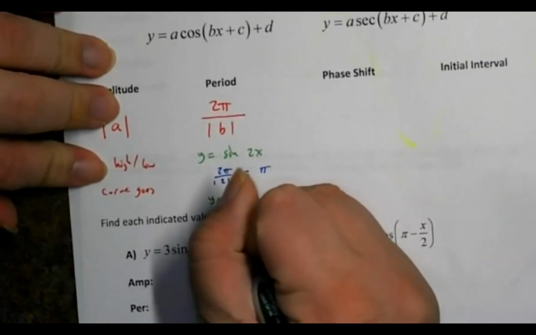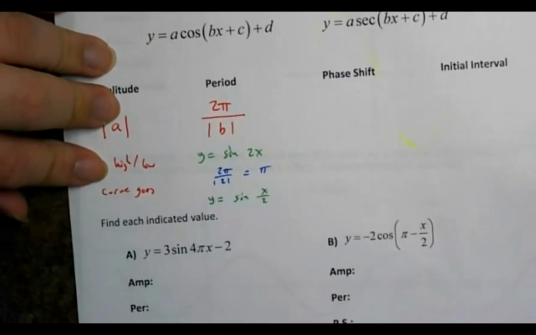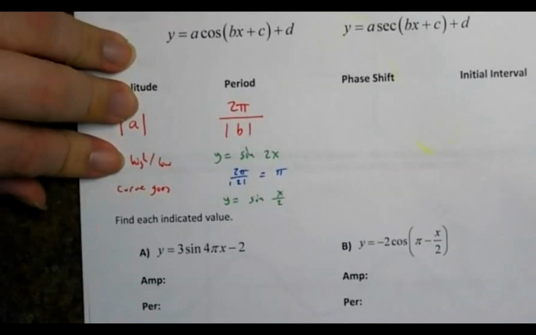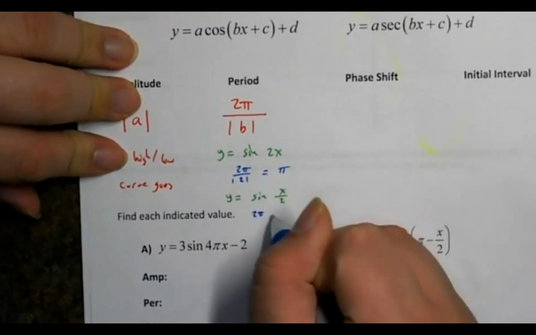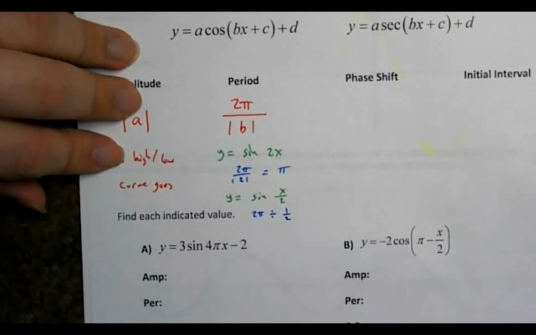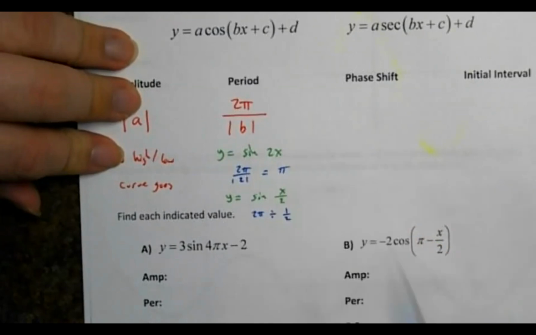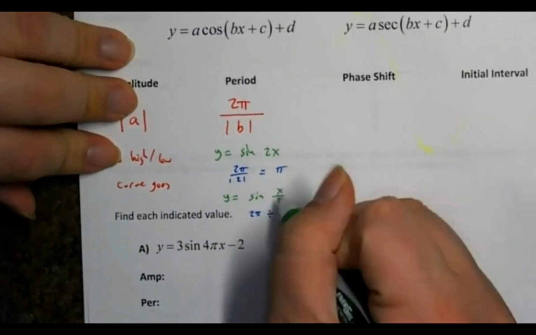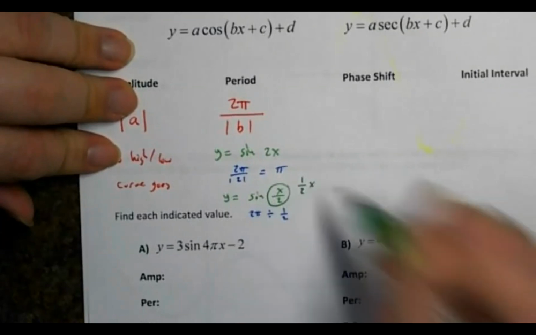On the other hand, if this was x over 2, that's also division, but this is going to be 2 pi divided by 1/2, right? Because b is 1/2. Whenever you see x over 2, that is 1/2 x.